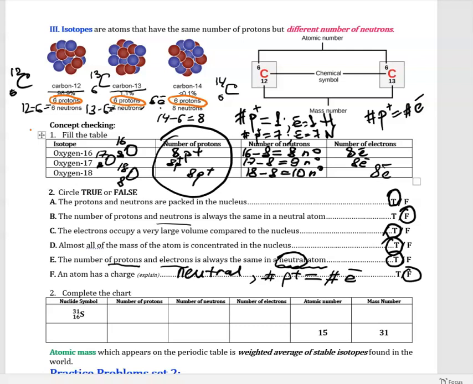Okay, complete the chart. It is given the symbol of the element S, its atomic number 16 and mass number 31. We need to find the number of protons, neutrons, electrons, and so on.